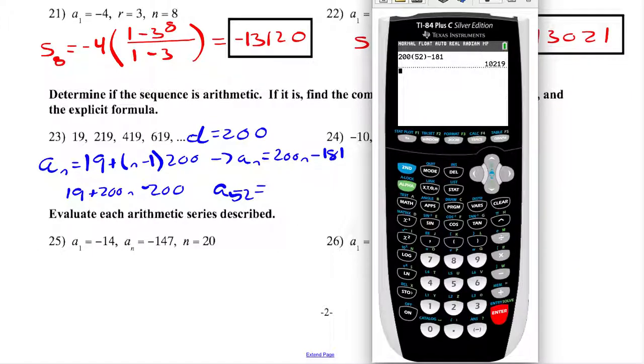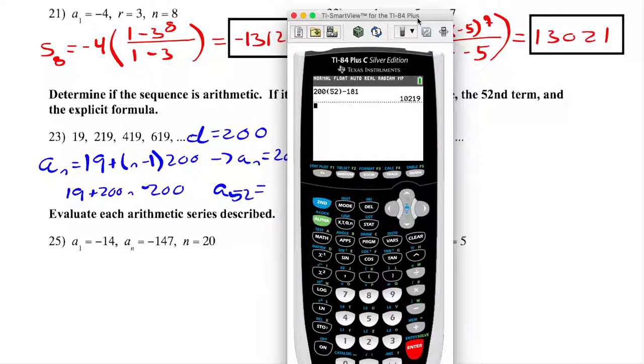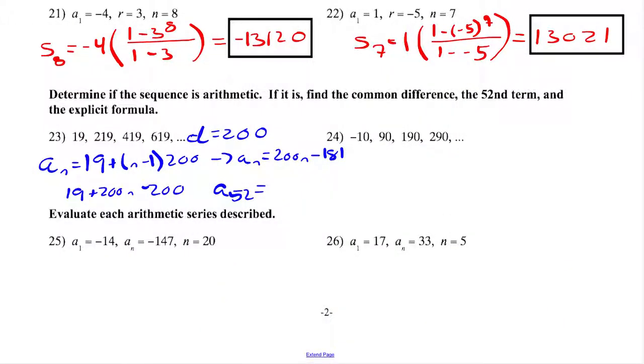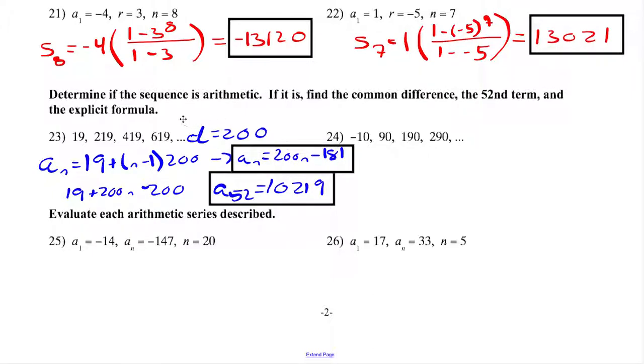And we get that the 52nd term is 10,219. There's the 52nd term. There's the explicit formula, and there is the common difference.